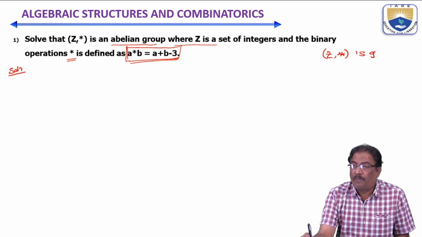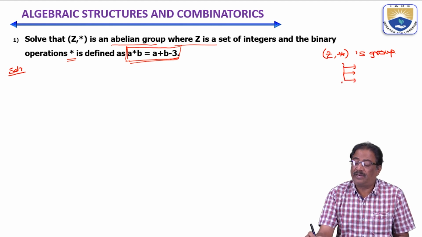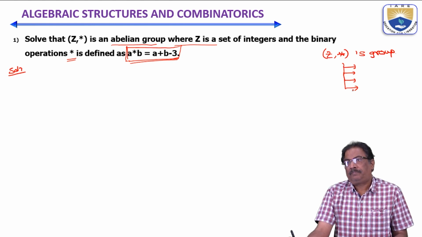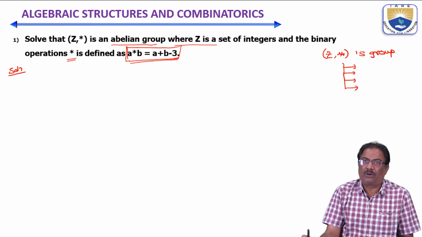Being a group means we are going to prove closure, the associative law, and that it satisfies the existence of identity and inverse. Whenever the binary operation star follows these four conditions, then we can say that it is a group. After that, we are going to verify whether it satisfies the commutative law or not.